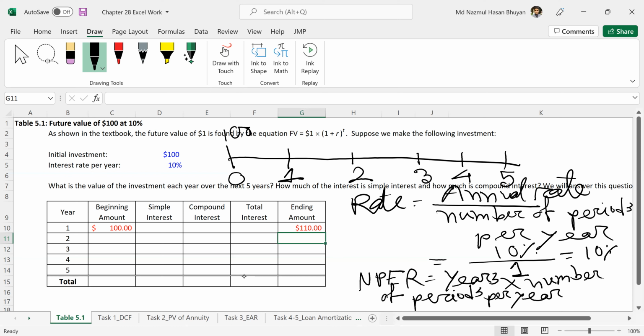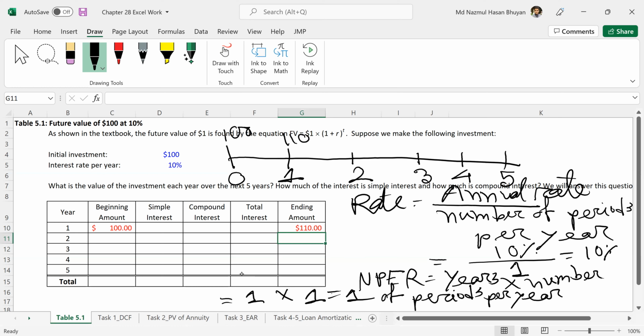Whenever we are calculating future value in year number 1, then we have just 1 year within this time period, and the number of periods per year as usual is 1. So total number of time periods is 1. So now we know the future value right after year number 1 is $110.